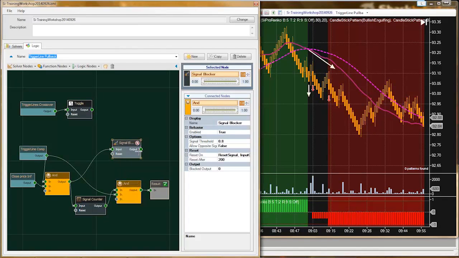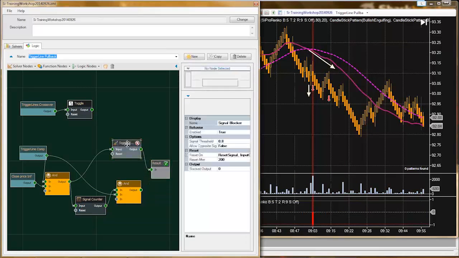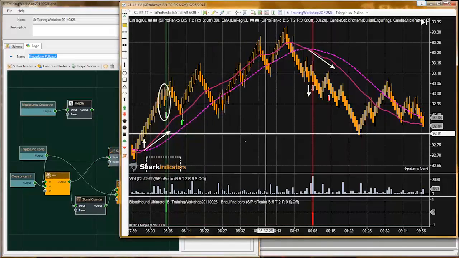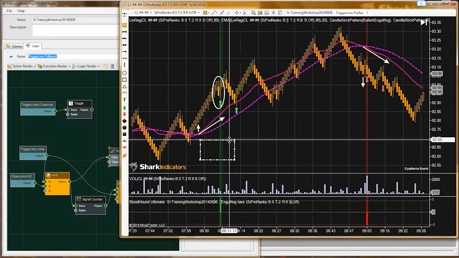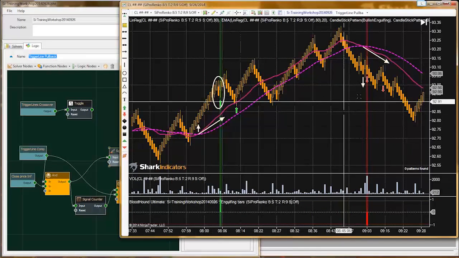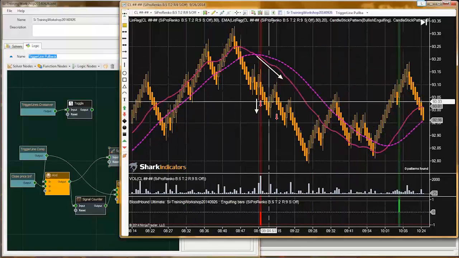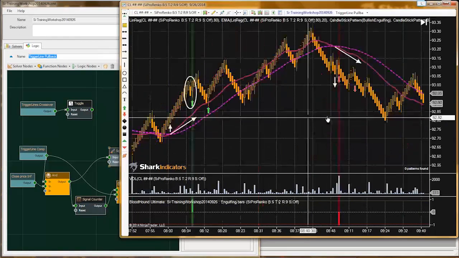Alright. Let me step back and explain what we have again. With the signal blocker, we're getting the first pullback shown during the whole trend. On this downtrend, there's no more short signals.